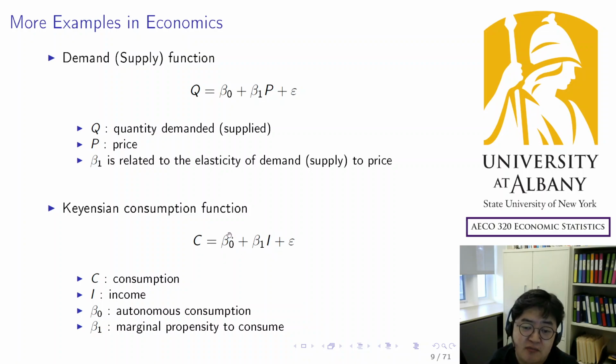That is beta 0. But additionally, when you have more income, you are going to increase your consumption at the beta 1 rate. Beta 1 is called the marginal propensity to consume. You must have heard about this somewhere in macroeconomics. Of course, beta 1 is expected to be a positive number.